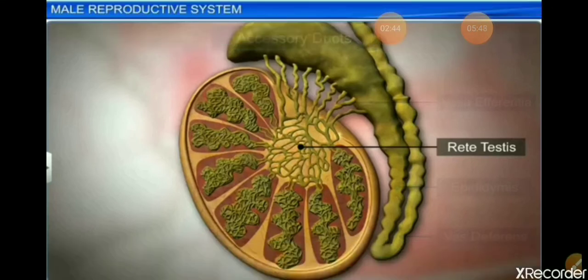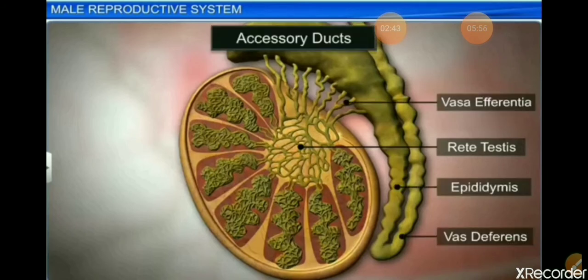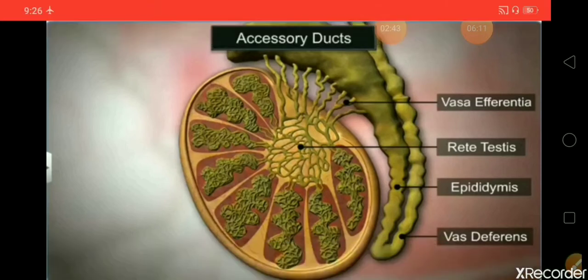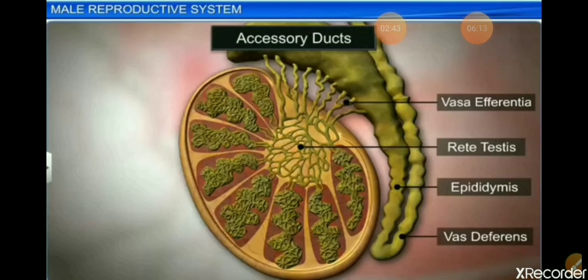Now the accessory ducts include the rete testis, vasa efferentia, epididymis, and vas deferens. So you have to learn in this sequence. Rete testis, you can see all the coiled seminiferous tubules are getting connected to the rete testis, and from rete testis the secretions will pass on to the vasa efferentia.